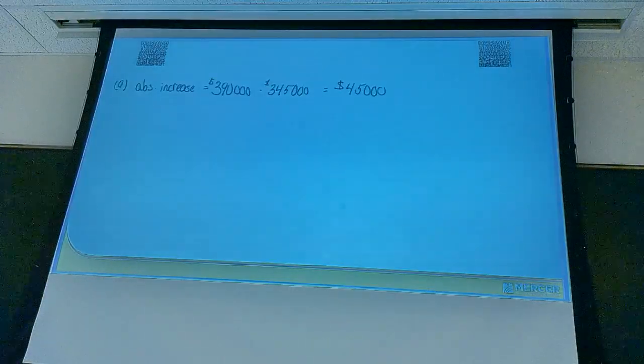Percent increase. Absolute change divided by the initial value.